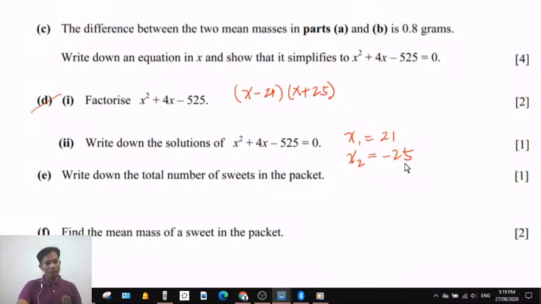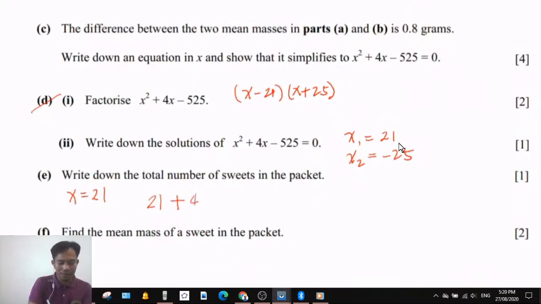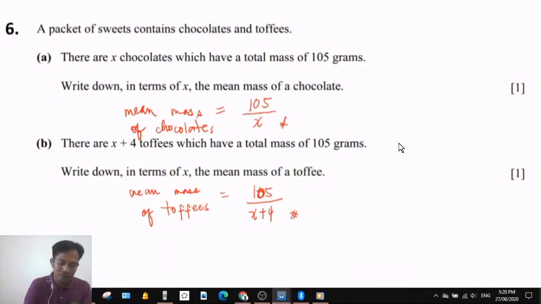If x is equal to 21, then I can have 21 plus 4 is your toffees. 21 is, what's the other one a while ago? It's chocolates.